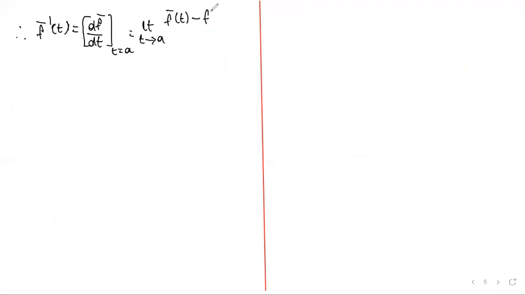Therefore, f bar dash of t, otherwise df bar by dt at t is equal to a, is the limit as t tends to a of (f bar of t minus f bar of a) by (t minus a). So this is the definition.